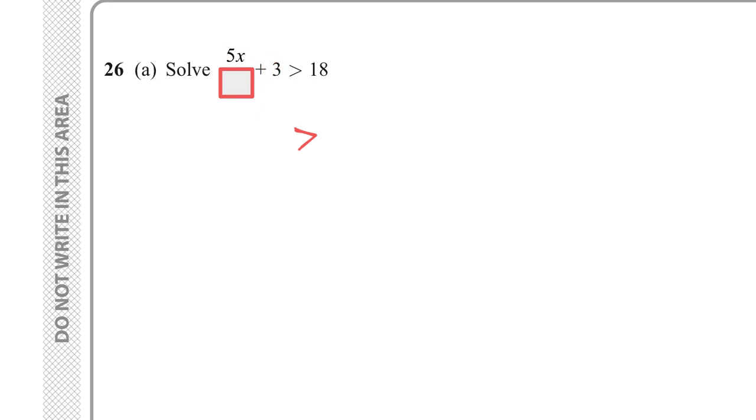So on the x side, we only want x's on this side. So it's going to be 5x on this side, and our step is to subtract 3. So we get 15 over there, and then we get 5x over 2. We can get rid of this 2 on the bottom, really.